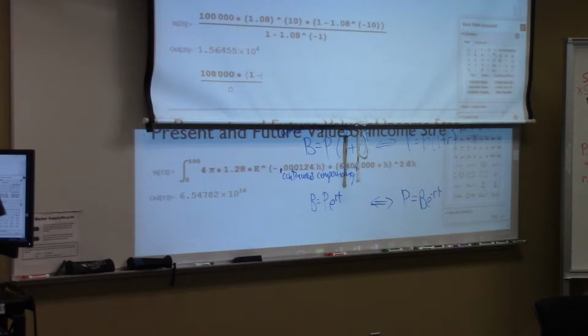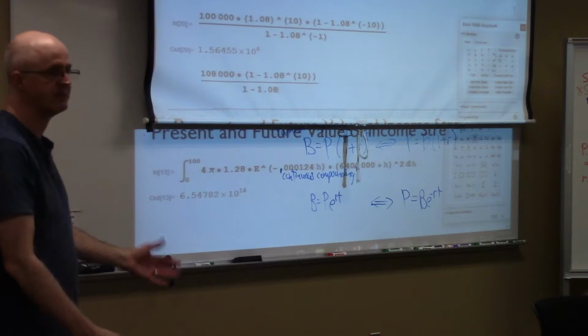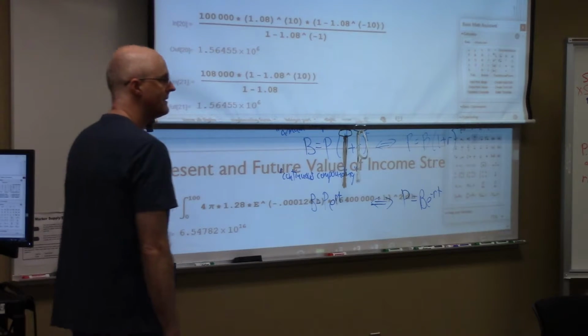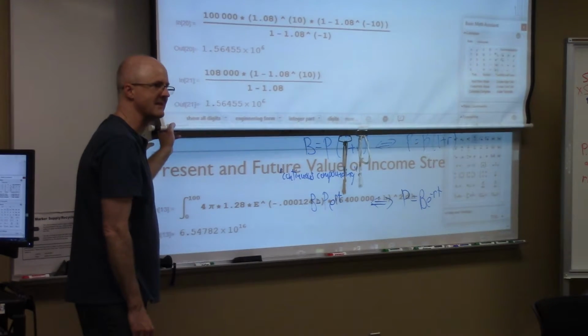Take the X to be 1.08 to the positive 1 power. So when I raise it to the 10th power, I get the positive 10th power. And divide by 1 minus 1.08 to the positive 1 power. This should be the same answer as well. And it is. So you can think of these things in lots of ways.